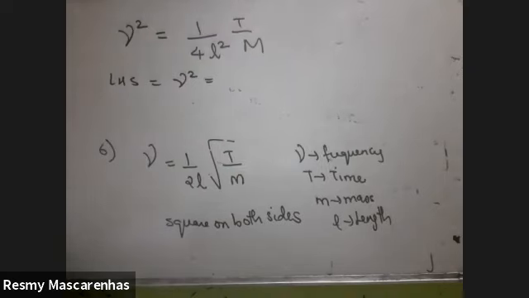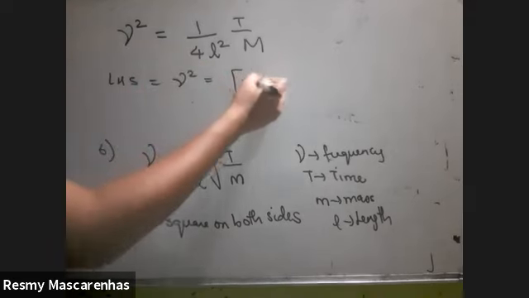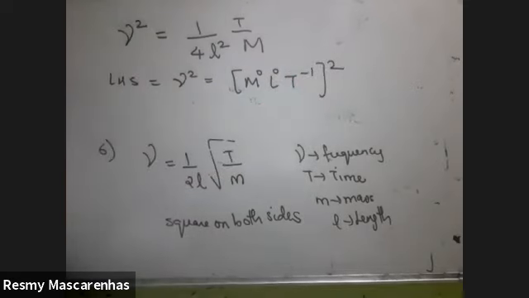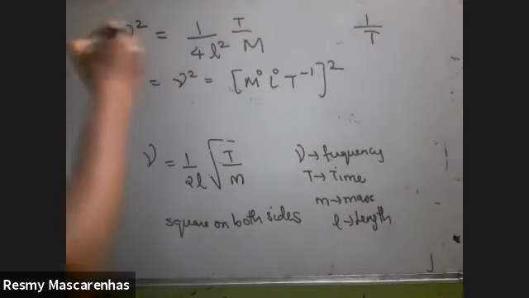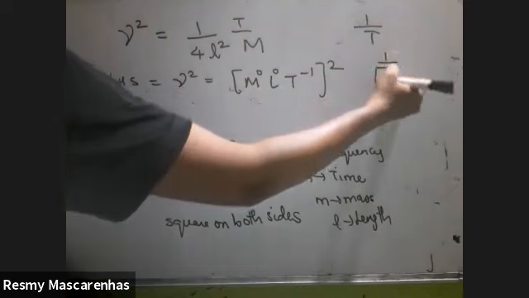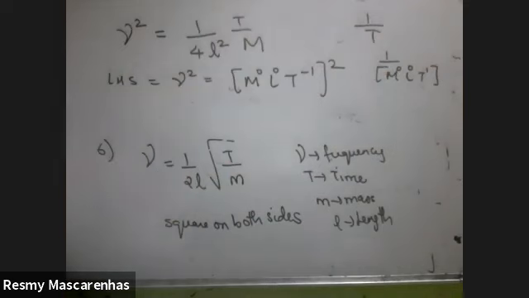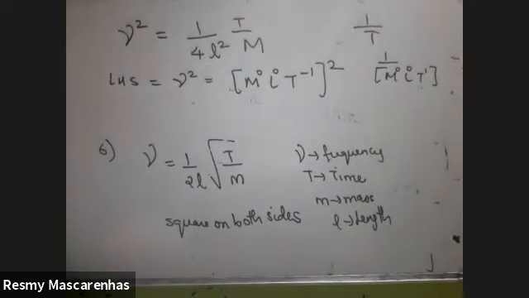You know the dimensions of frequency we have calculated. Frequency is 1 upon time. 1 upon time means it will go up and become -1, because frequency is always 1 by time. And there's a square here.